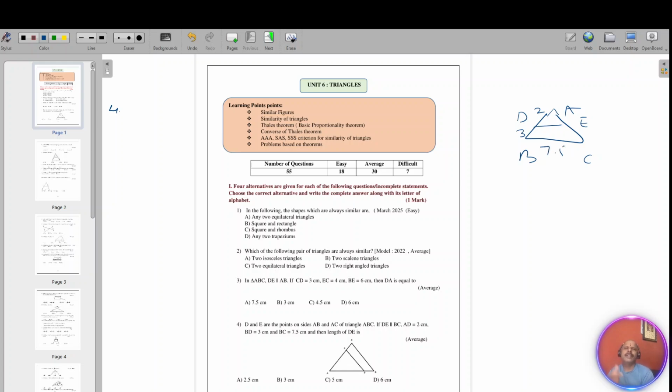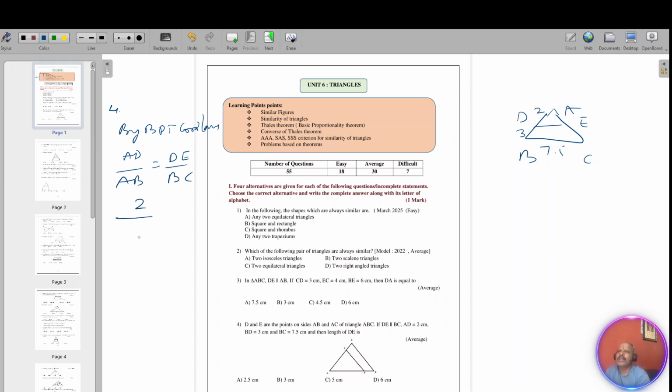Remember, DE and BC comes in the corollary, okay? Corollary of BPT. So what is the length of DE they want? So by BPT corollary, what we get is AD by AB equal to DE by BC.